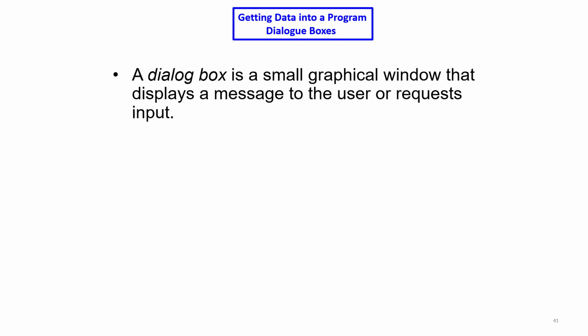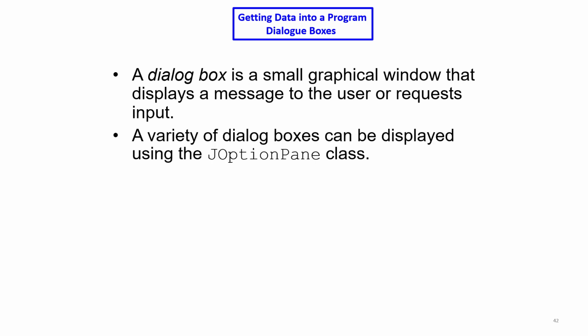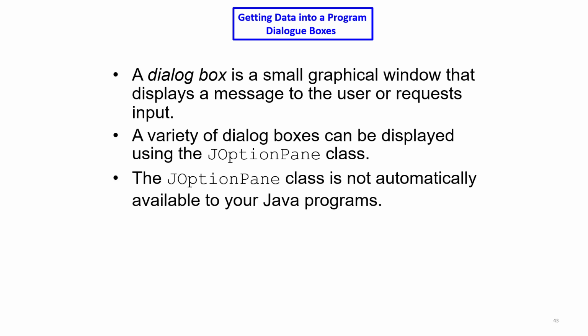The dialog boxes we're interested in are small graphical windows that simply display a message to the user or display a message requesting input from the user. The JOptionPane class can display a variety of dialog boxes, but like the Scanner class, it's not automatically available to a Java program.